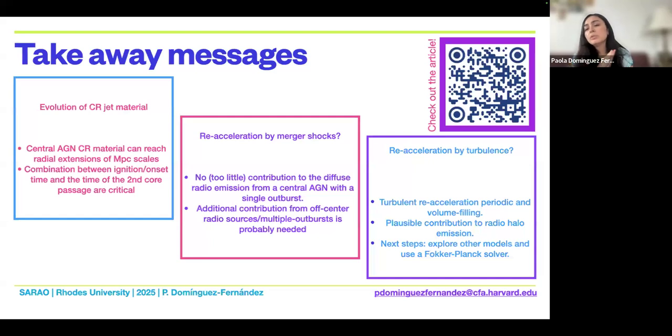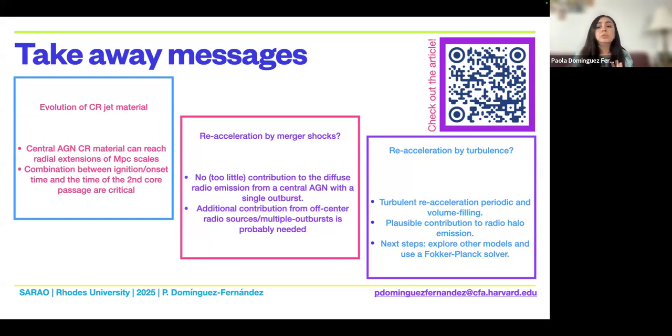Finally, we also took a look at the reacceleration by turbulence. Here we only looked at one specific model, and we concluded that yes, it could be effective, but as you saw, this really relies on tuning down certain parameters, namely the mean free path of the electrons.